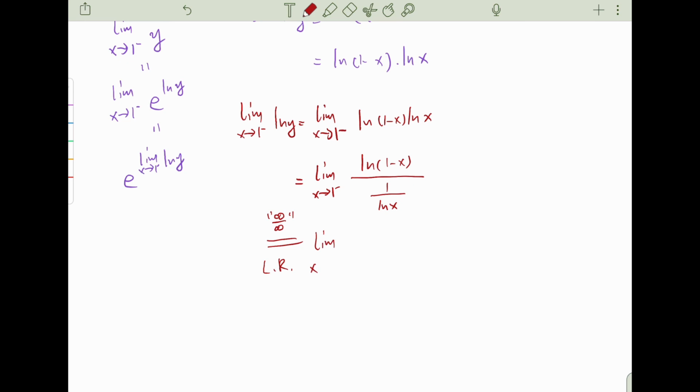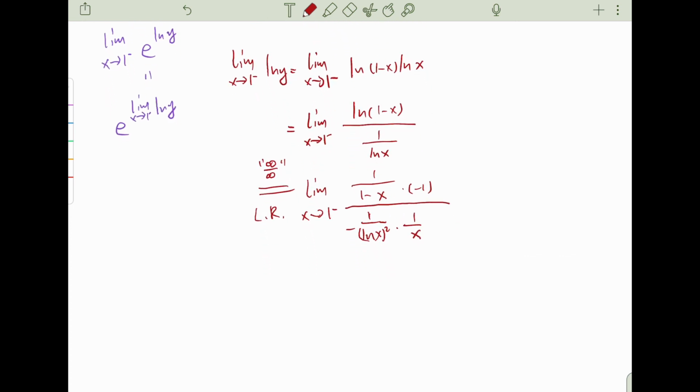And we're allowed to use L'Hopital's rule for this reason. So now I can start to take the derivative on top. That is 1 over 1 minus x times negative 1. And the bottom is negative 1 over [ln x] squared times 1 over x by the chain rule.